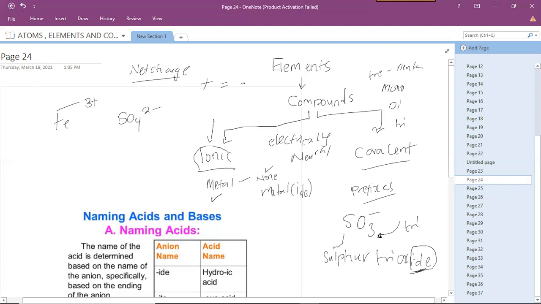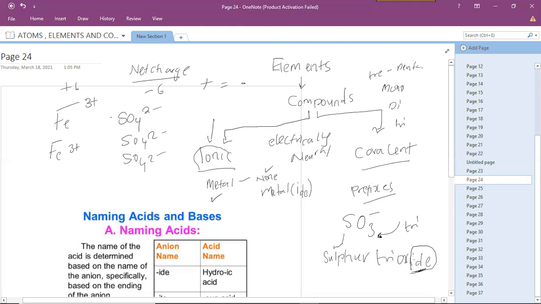So for us to have an equal amount of charge, we'll need to add one more iron 3 plus ion there, and two more of these, SO4 2 negative, SO4 2 negative, such that the total charge here will be +6, and 2, 4, 6, the total charge on the other side will be -6.